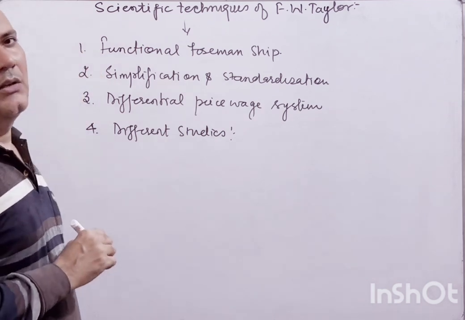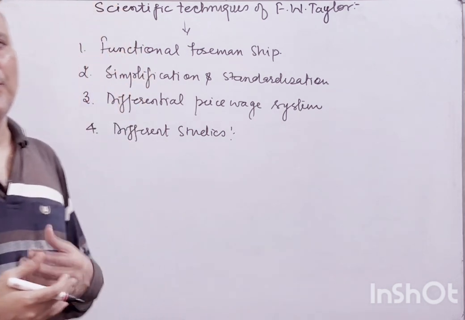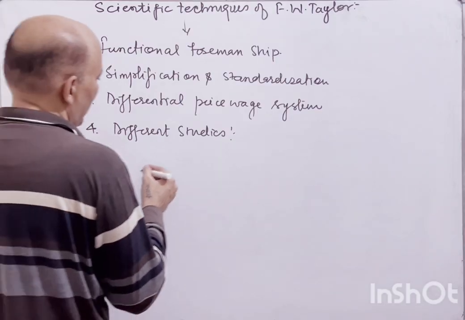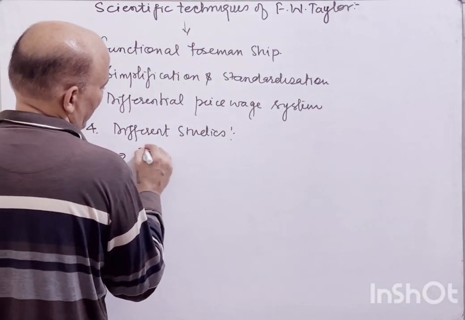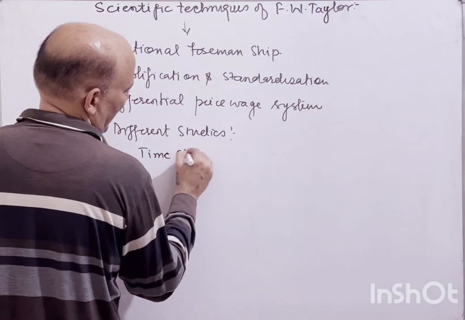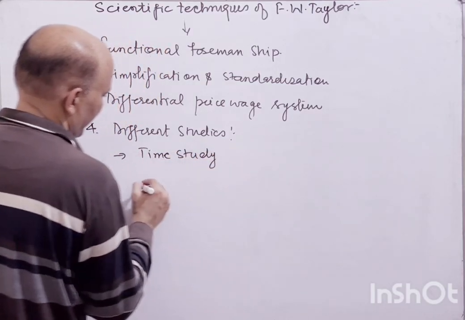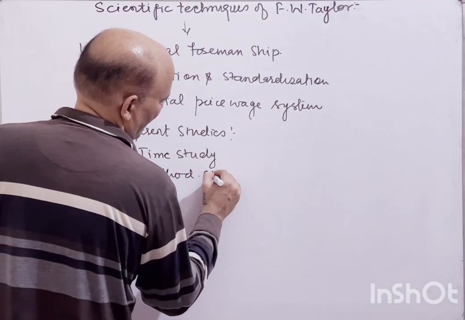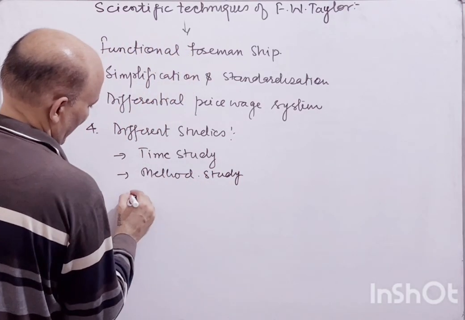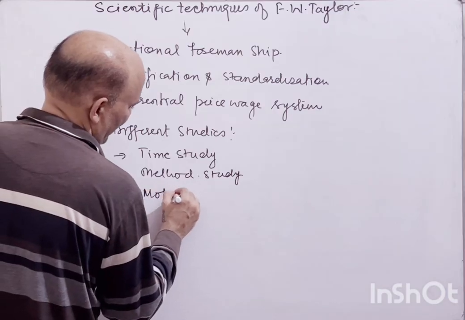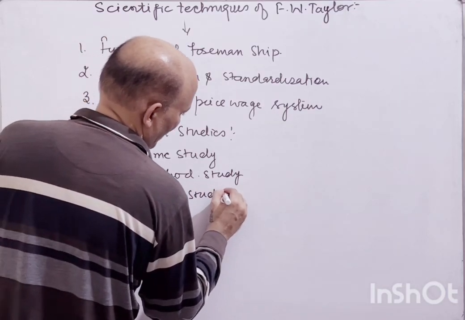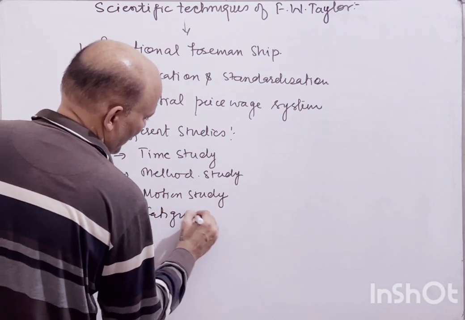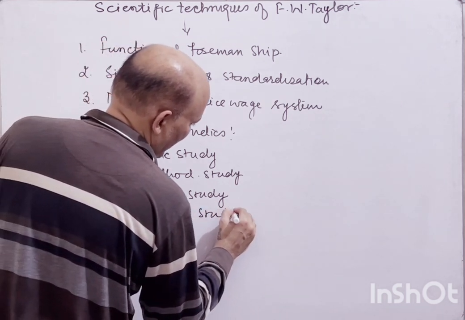to get more production from the employees, the people who are actually working. And the different studies are time study, right? Then method study, then motion study, and then fatigue study, right?